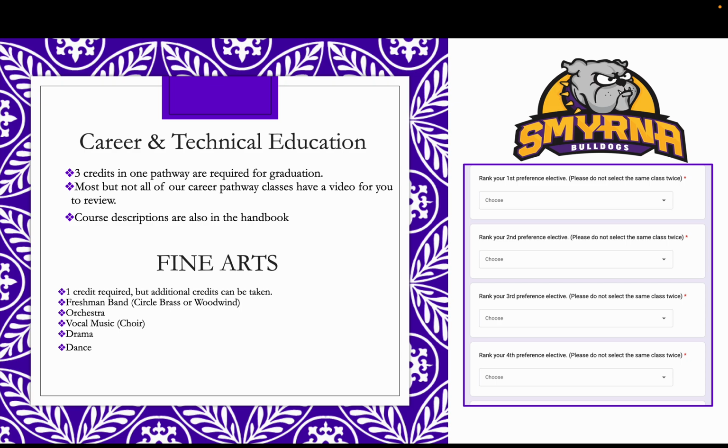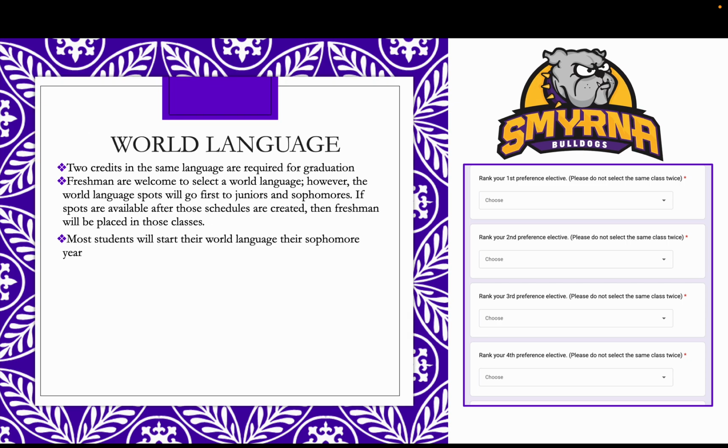And then finally, let's talk about world language. Now, you do need 2 credits of the same world language for graduation, and freshmen are welcome to select a world language as one of their elective classes. However, these world language spots do go to juniors and sophomores first.